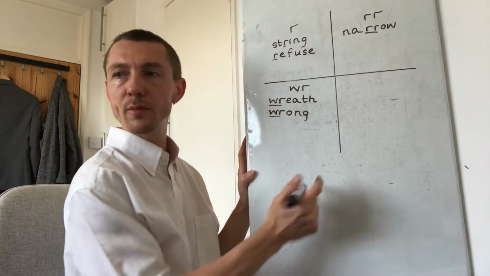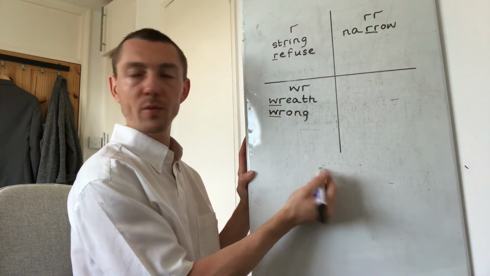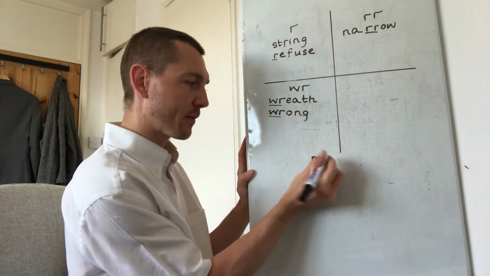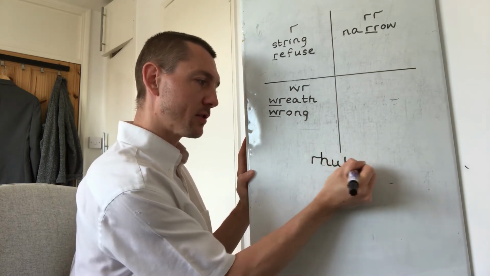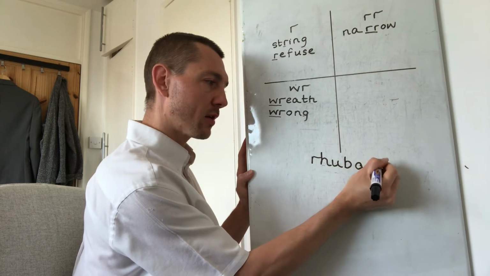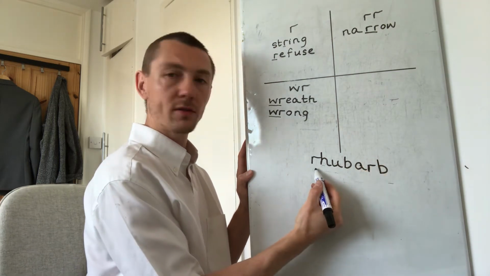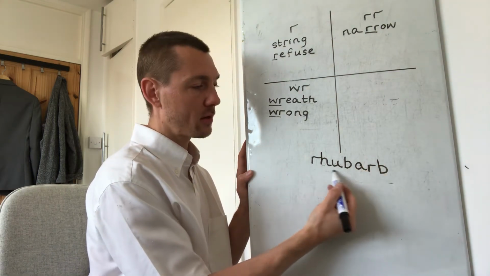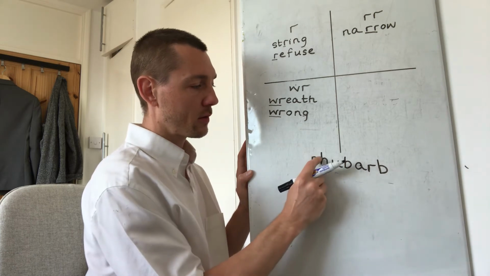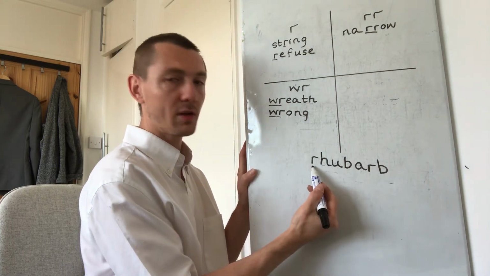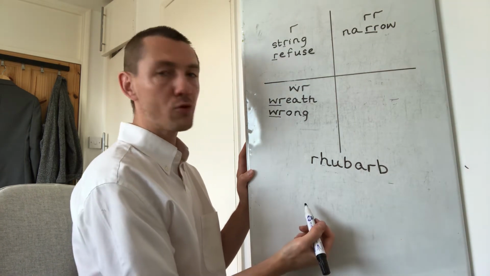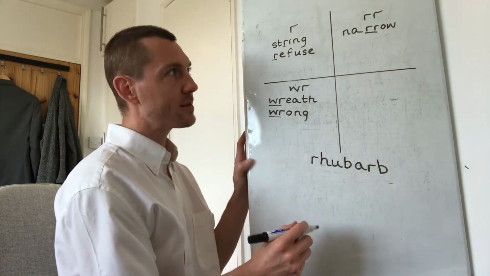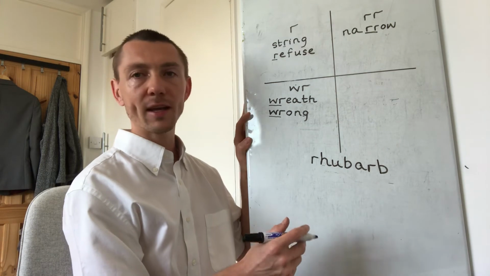Okay, let's have a few more before we move on. 2 syllables here. Rhubarb. Okay, so where is the R spelling in rhubarb?